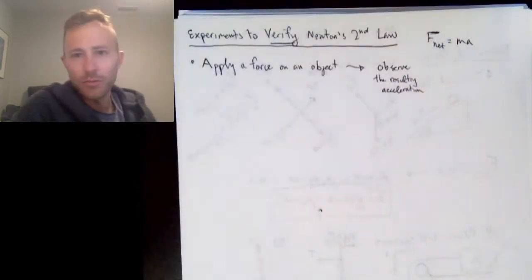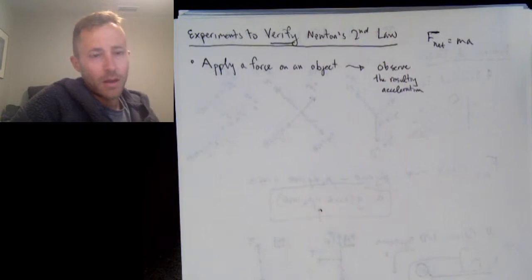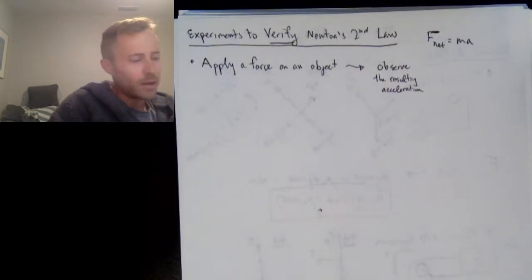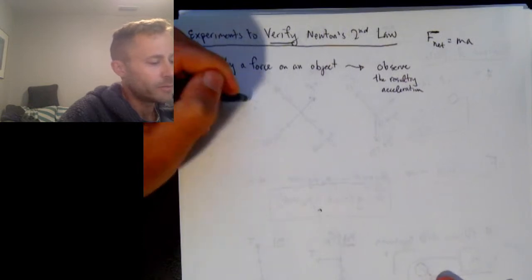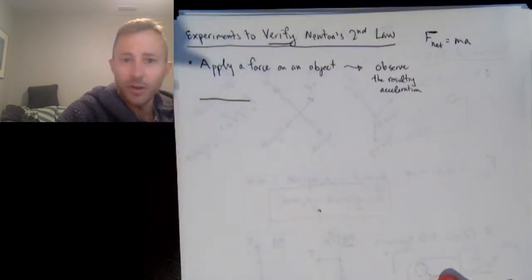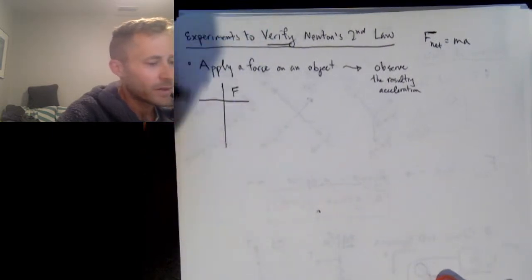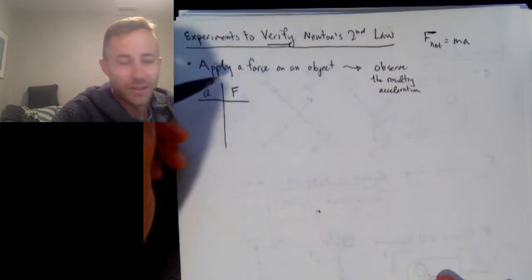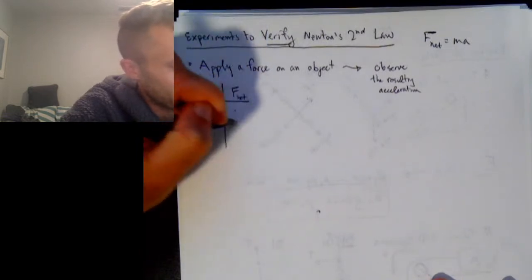So we observe the acceleration that results from that. And what we would do is then develop a data table of force and acceleration. And we're assuming that this force is the net force. So you get some data points like this.